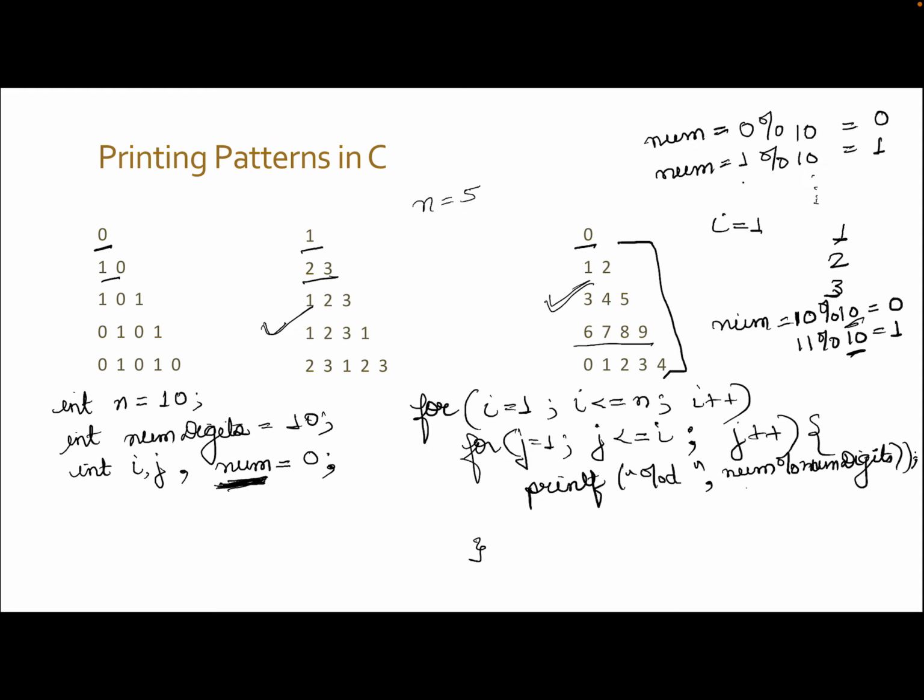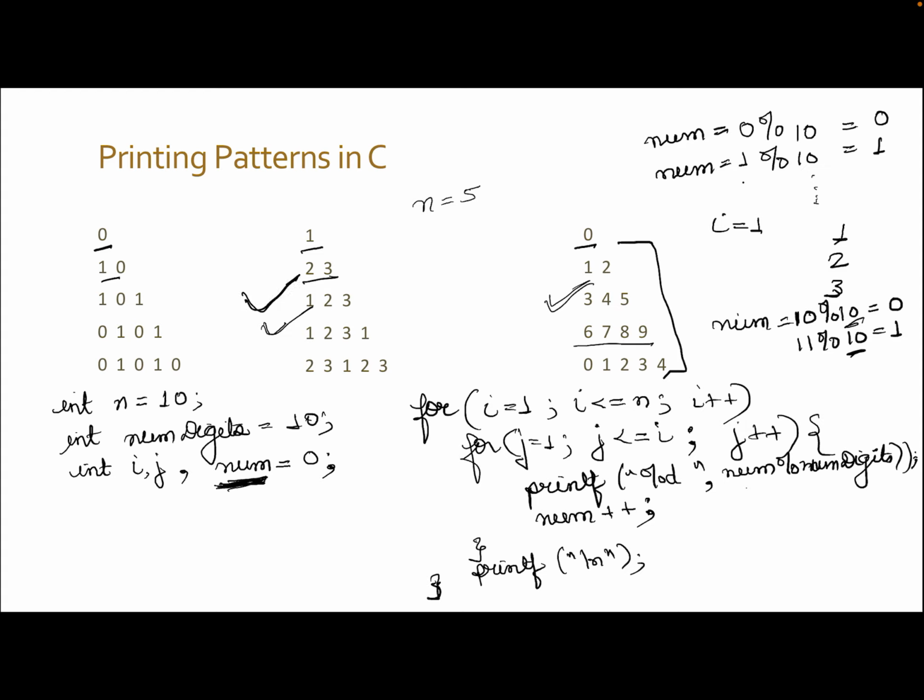After I print this value, I will increase the value of num by 1. To move to the next line, I will add a new line character \n after this inner for loop gets executed.